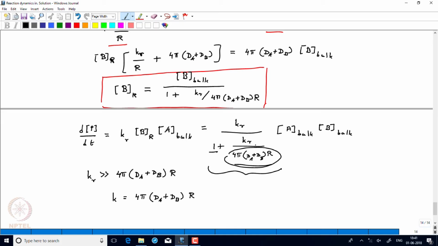So, in the denominator it will have only Kr, and let me just show you what I am saying.